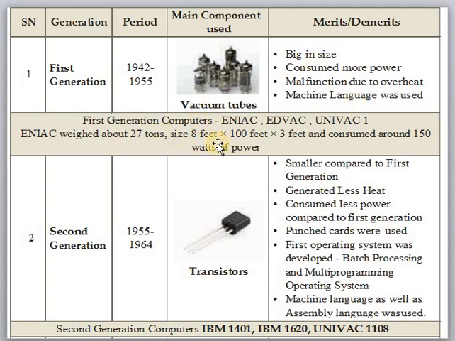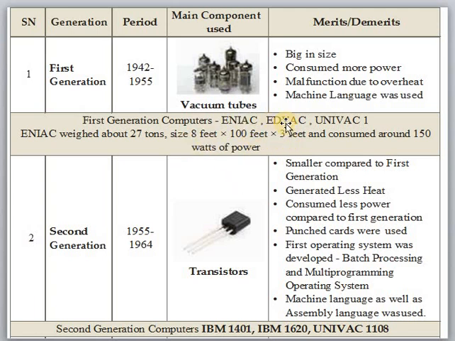Some of the first generation computer names are listed here. You see, ENIAC, EDVAC, UNIVAC 1. These are all first generation computers. ENIAC weighed about 27 tons. So what was the weight of this ENIAC computer? It was about 27 tons. The size is given as 8 feet by 100 feet by 3 feet, that is length, breadth, width.